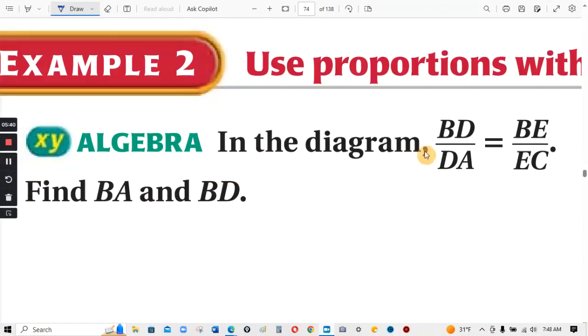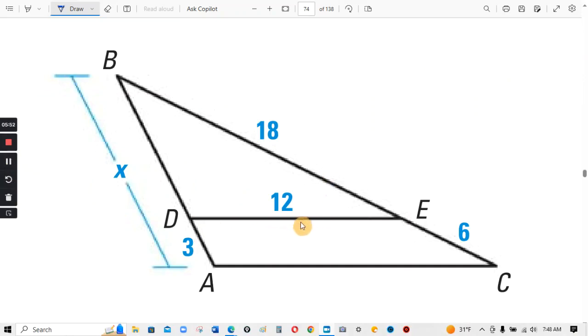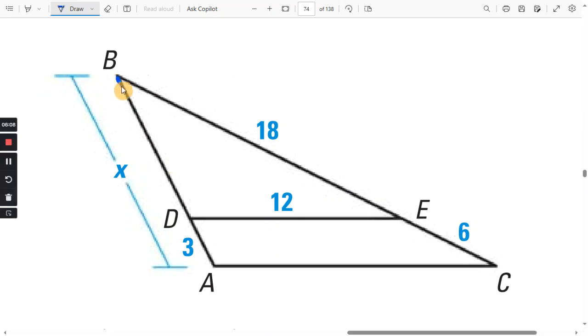Example 2, in the diagram BD over DA equals BE over EC, find BA and BD. Let's take a look. Here's our diagram, and we do not have BD. You can certainly make it x minus 3, but this length x right here, that's going to be BD plus DA.